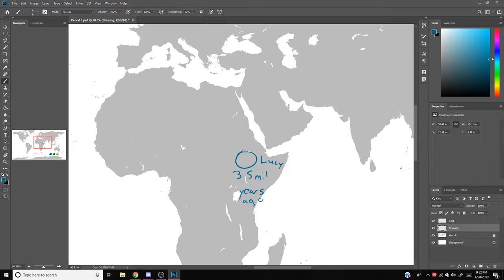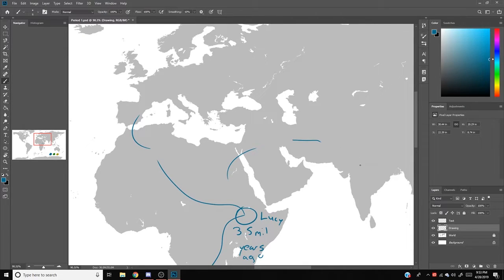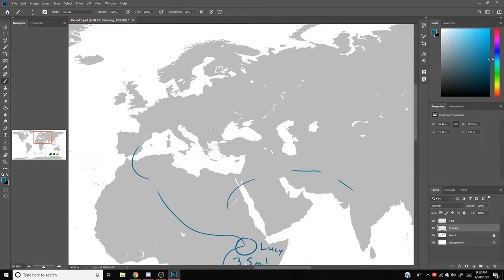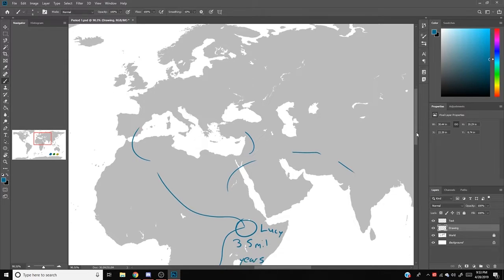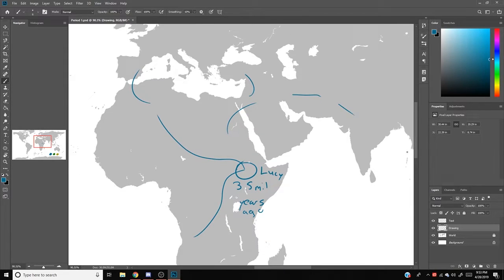But basically, 3.5 million years ago, Lucy develops, and her descendants traveled up Africa, probably into the Iberian Peninsula, through the Sinai Peninsula, into the Middle East, Asia Minor, India, into China and everything. But up Turkey, I don't know, all the places into Europe and stuff. And this starts about 3.5 million years ago.